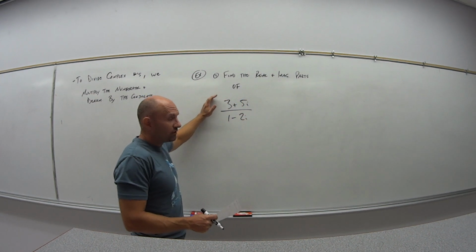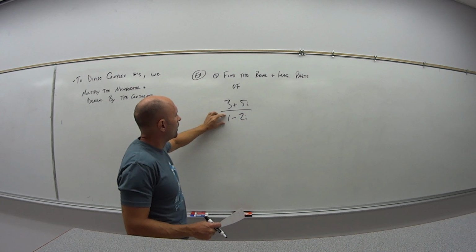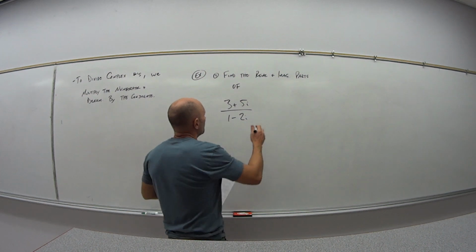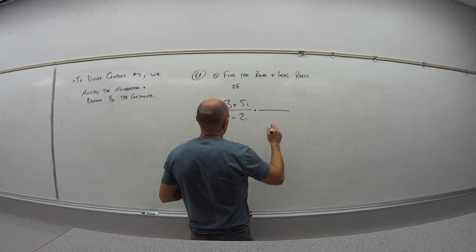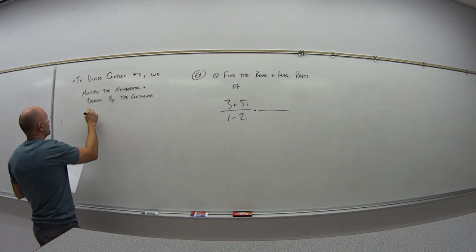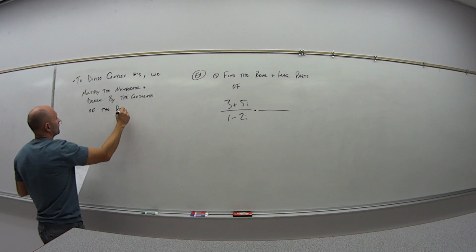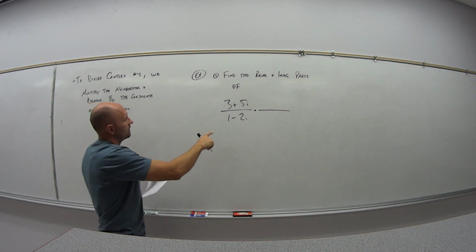This is division. 3 plus 5i divided by 1 minus 2i. So we need to multiply the numerator and denominator by the conjugate of the denominator. So the conjugate of the denominator is what?